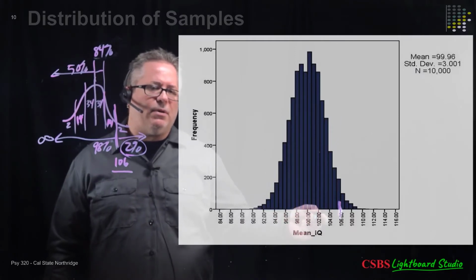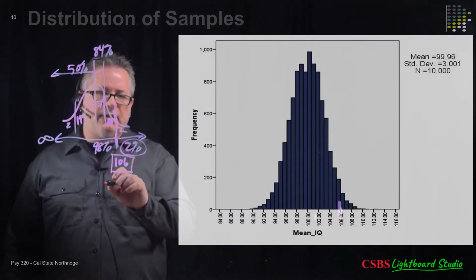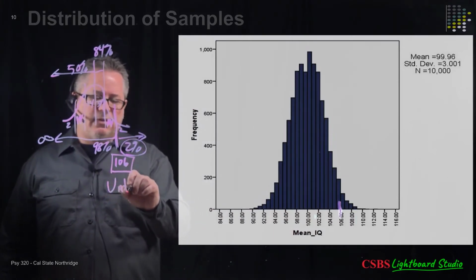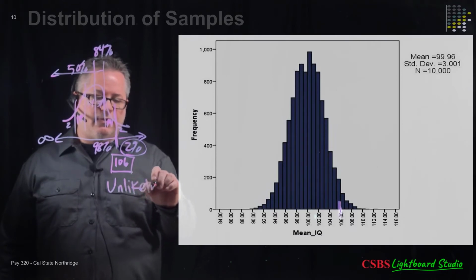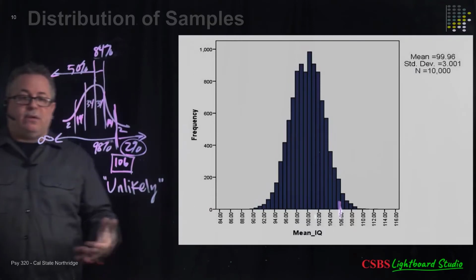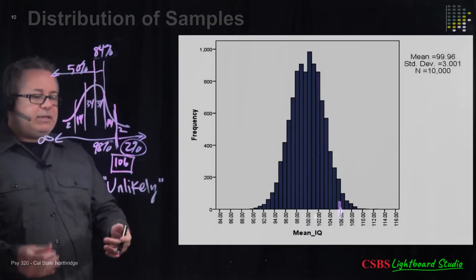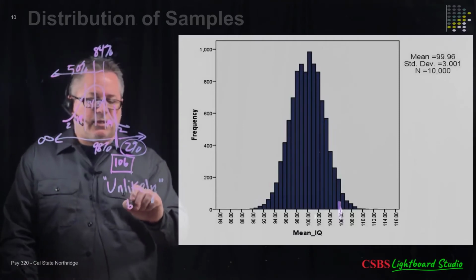So the rationale comes: if 106 is unlikely, and I'm using the term unlikely loosely because I haven't really defined that yet, but I hope everyone would agree that 2% seems fairly unlikely to happen by chance.